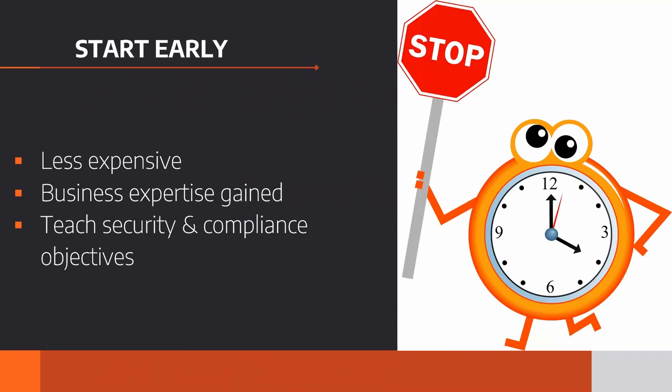And they're able to teach security and compliance objectives, so the devs can learn better how to develop things if they know what security and compliance objectives actually are up front. InfoSec blockages are the worst, especially if they're at the end of the dev cycle. So that's why it's important to start early.